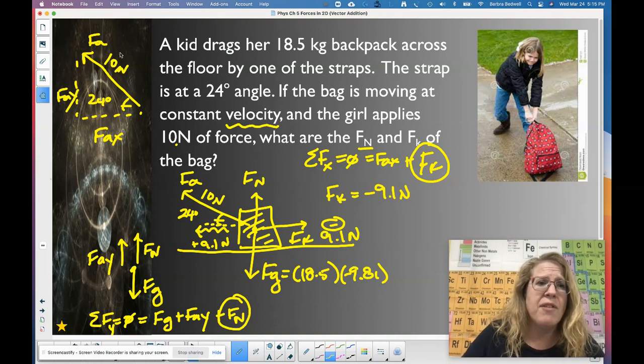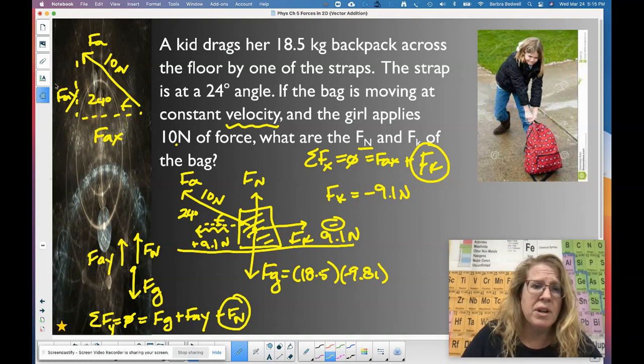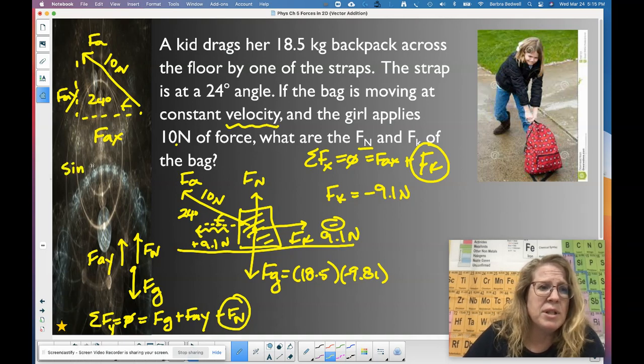And again, we can get that from SOHCAHTOA. In this case, Fay, at the top left of our screen, is the sine function. It's the opposite side. So the sine of 24 degrees is equal to Fay divided by Fa.